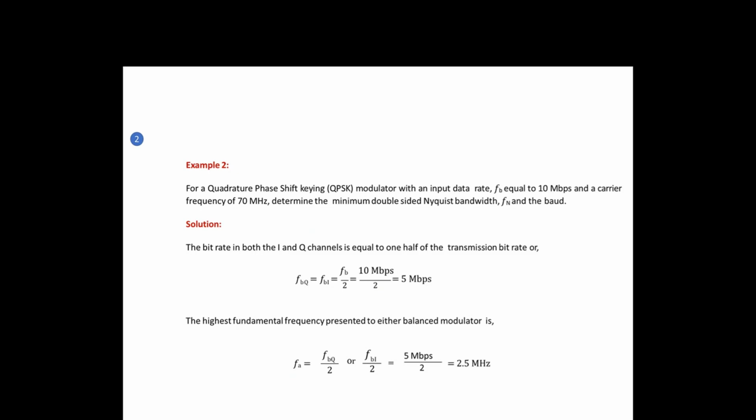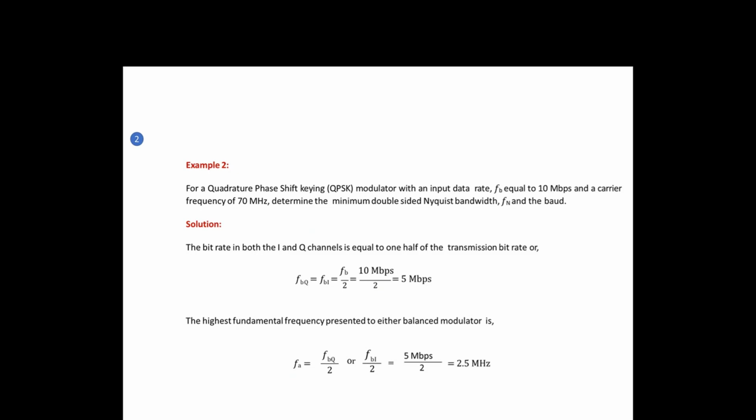Solution: the bit rate in both I and Q channels is equal to 1/2 of the transmission bit rate, or we can say FBQ equal to FBI, the formula being FB by 2. What is the value of FB? They have given 10 Mbps. If we divide by 2, we get 5 Mbps.